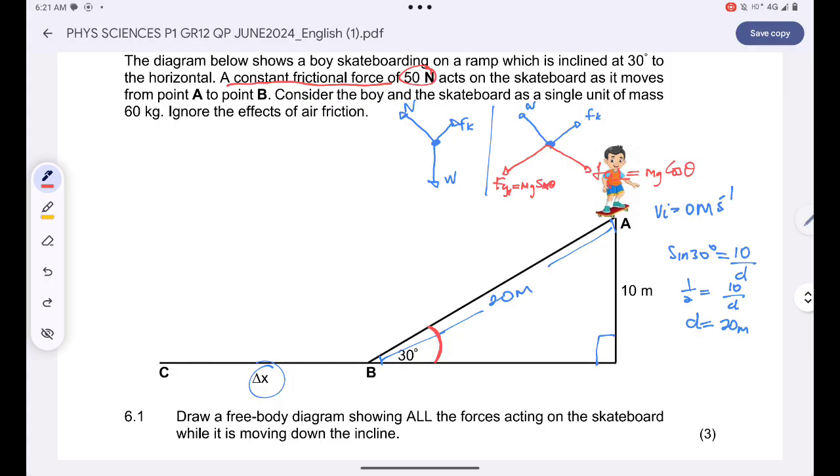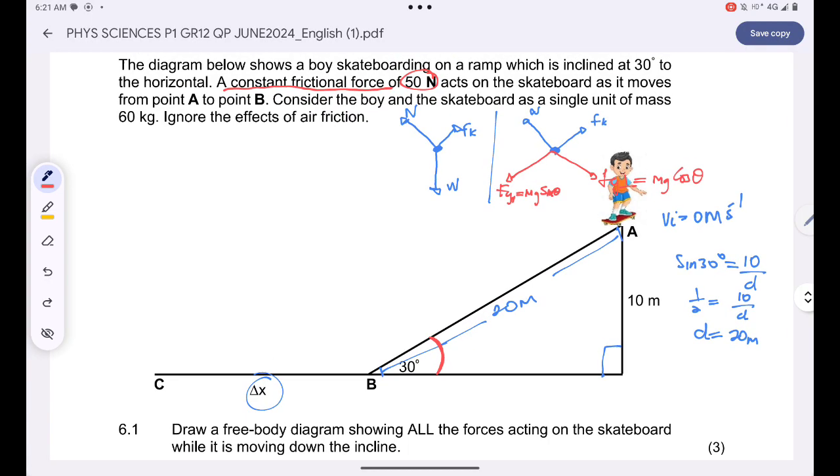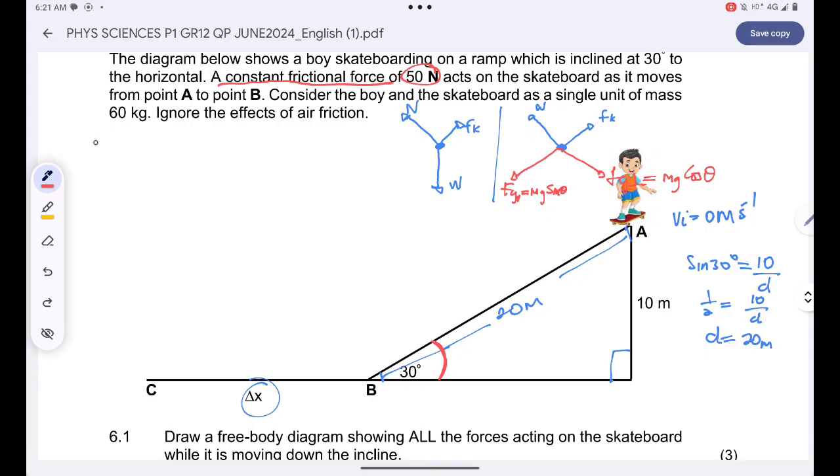The work done by non-conservative forces is equal to the change in kinetic energy plus the change in potential energy. Since we only have one non-conservative force, this is just the work done by kinetic friction being equal to half mv squared final minus half mv squared initial plus mgh final minus mgh initial.